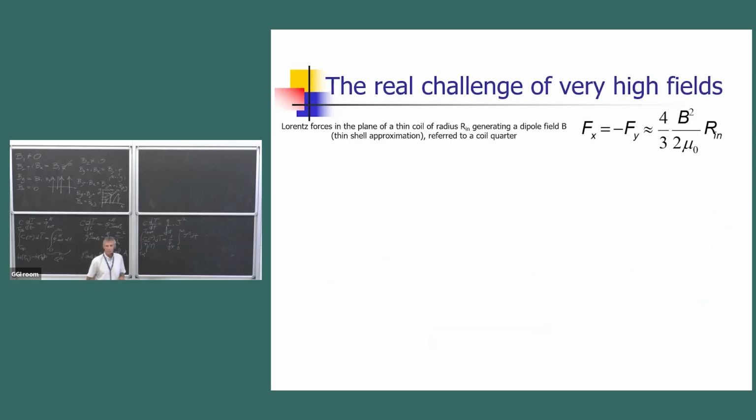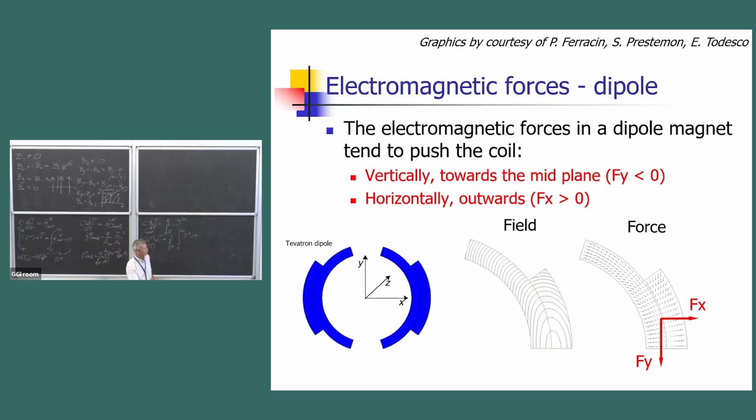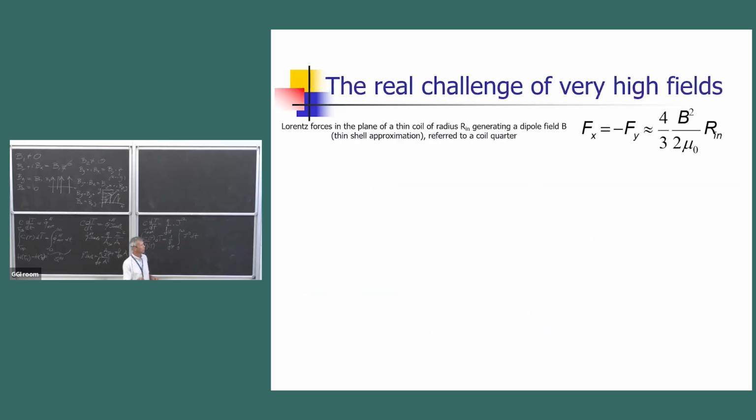Now, how much is that force? Let's take the Fx and Fy components here; you can do an analytical evaluation. A formula again, the important thing is that it goes with the square of the field. Not surprisingly, magnetic pressure, B squared over 2 mu naught, the force goes like the square of the field.